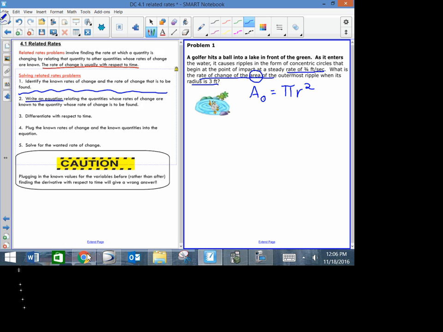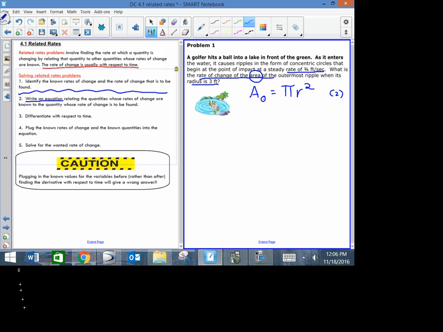All right, now let's figure out what we know here. This is step 2 technically, but 2 and 1 have to go together. Okay, so it looks like a rate of 3/4 feet per second. What is changing, area or radius? But if you look, it says what is the rate of change of area?